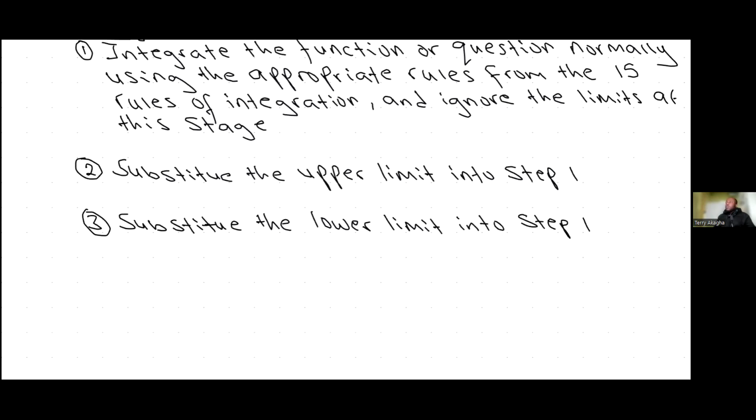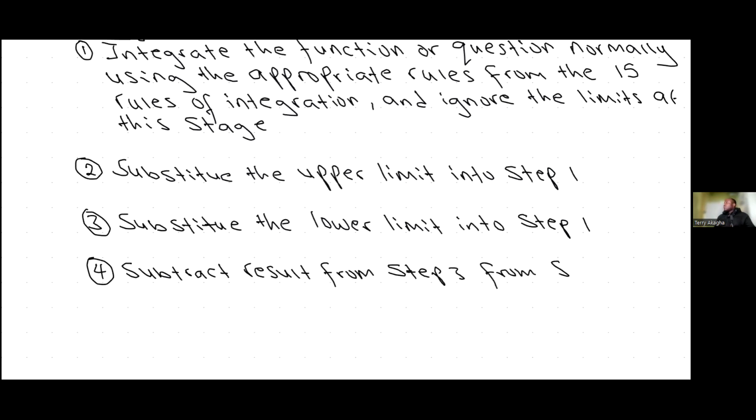Then number four, you subtract the result from step 3 from step 2, so step 2 minus step 3. And number 5, you simplify.